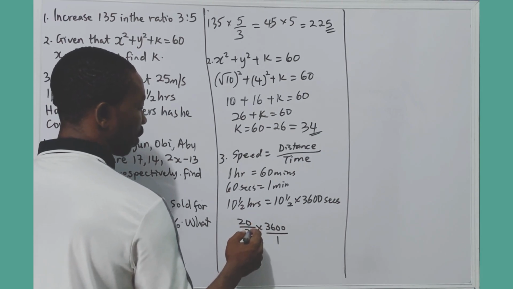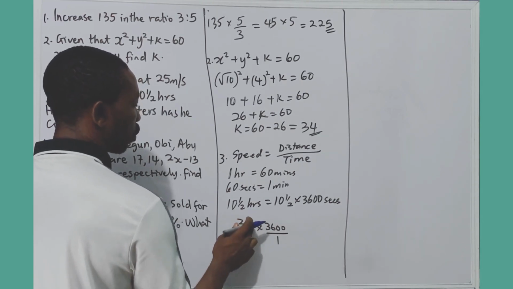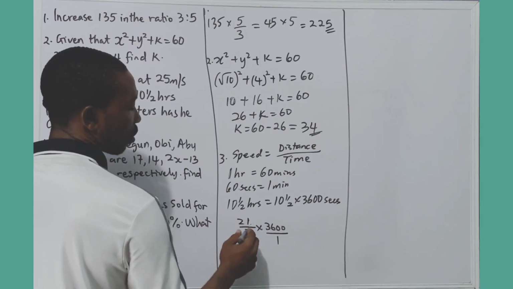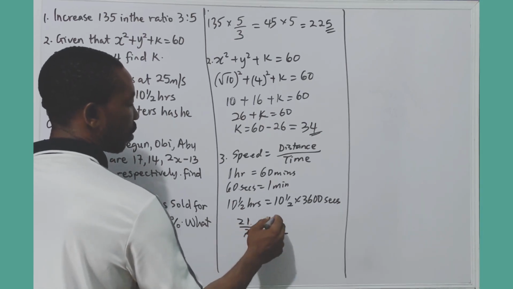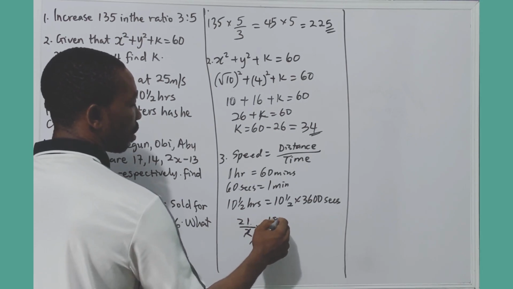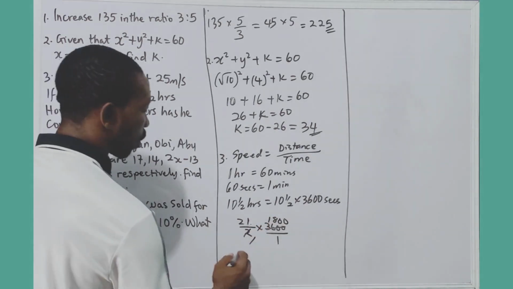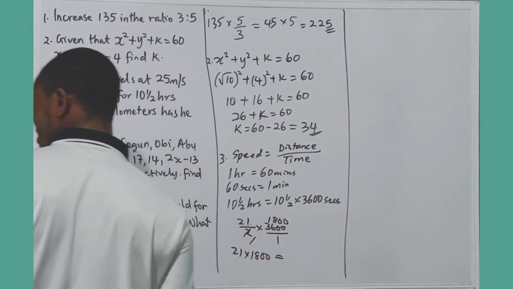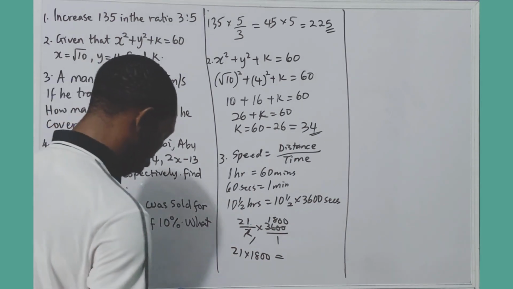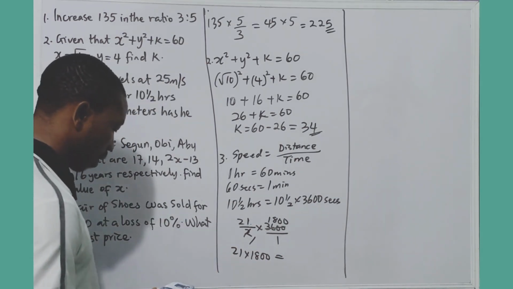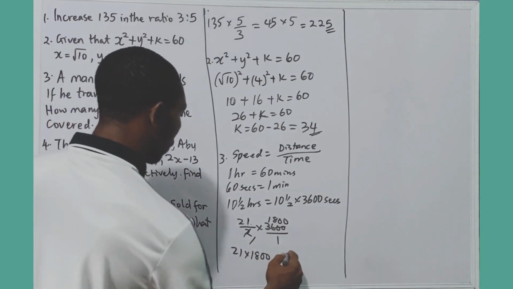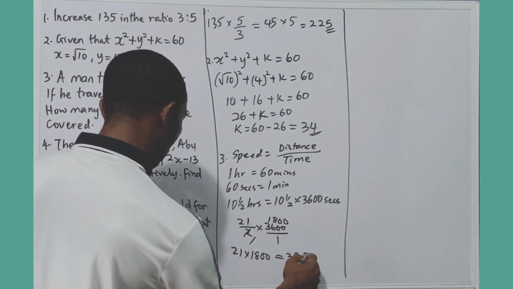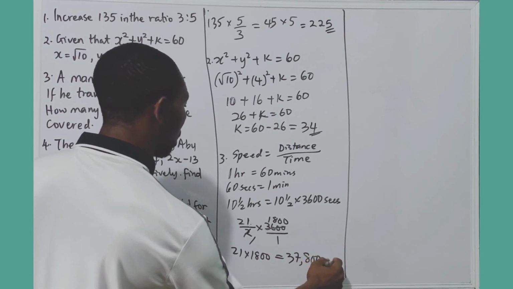So this will be 21. Alright, so this 2 here, 2 into 3,600, will give us 1800. So this becomes 21 times 1800, which gives us what? 21 times 18 gives us 37,800 seconds.